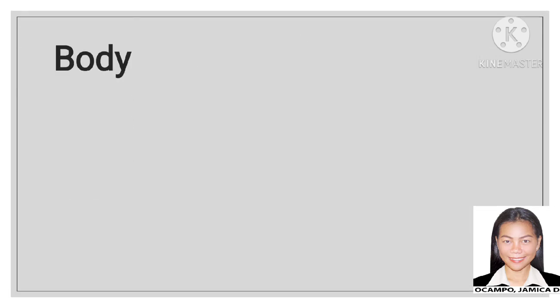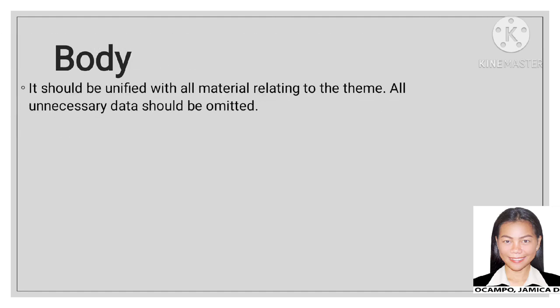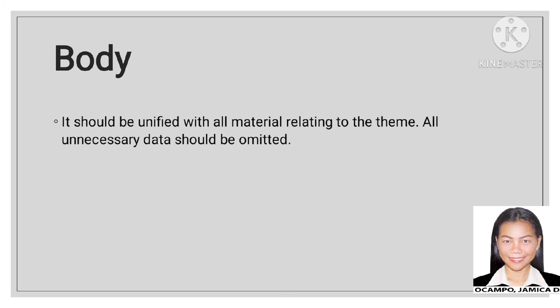Next is the body. The body should be unified, with all material relating to the theme. All unnecessary data should be omitted. Care should be taken to make certain that each sentence and paragraph adds to the impact of the narrative.